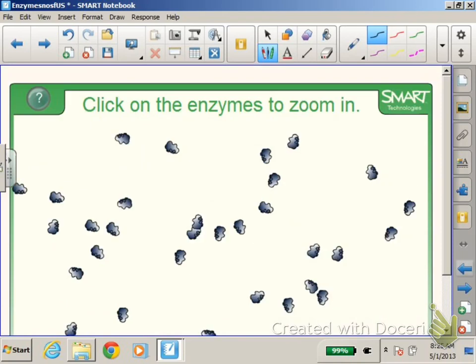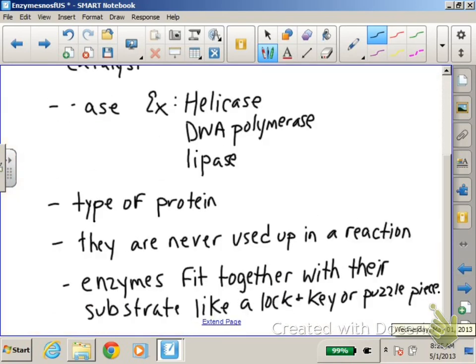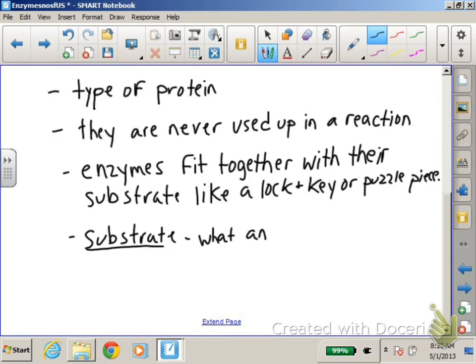So let's go back to our notes that we were making. A substrate is actually what an enzyme binds with, or what it connects to, the reaction that it's going to get started.